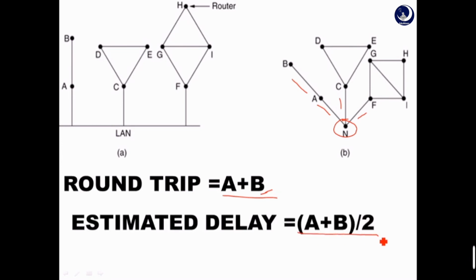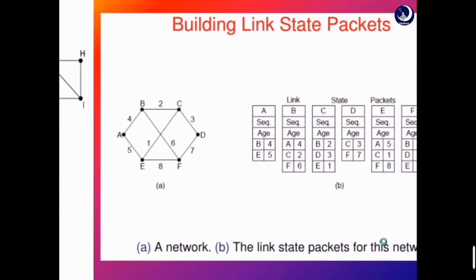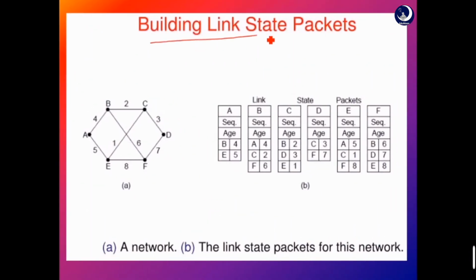Next is building link state packets. The next step is for each router to build a packet containing all the data. The packet starts with the identity of the sender, followed by the sequence number, age and list of neighbors, and the cost to each neighbor is also given here. For example, if you take the node A, it is mentioned, and the sequence number and age will be mentioned below.